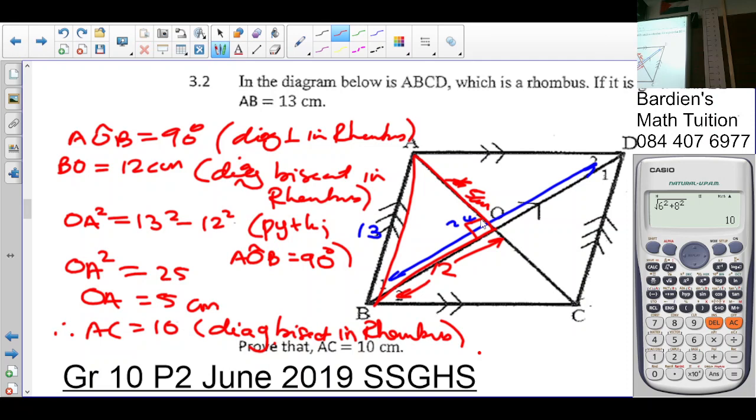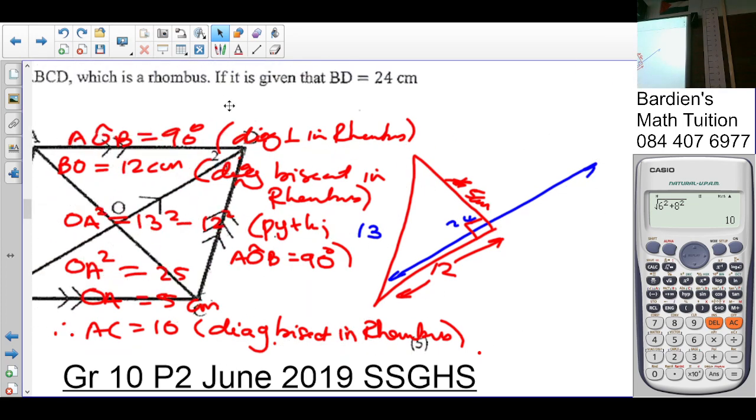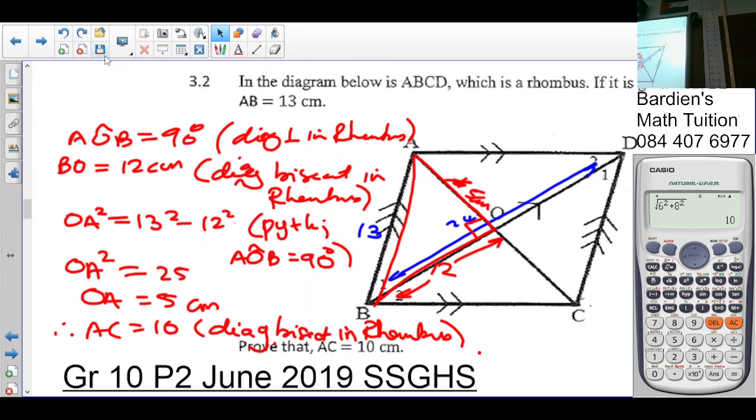Alright? And there's a good couple of marks in for this sum. How many marks did they give you? 5 marks. People, that's only if you want it, no? And most of us don't want it. Why? Because you guys have better things to do with your time.